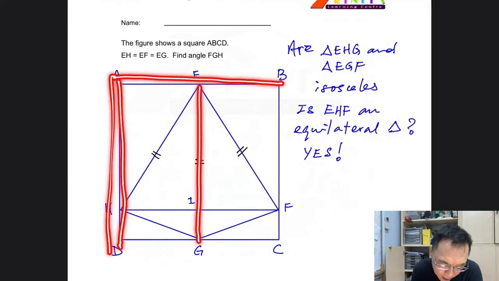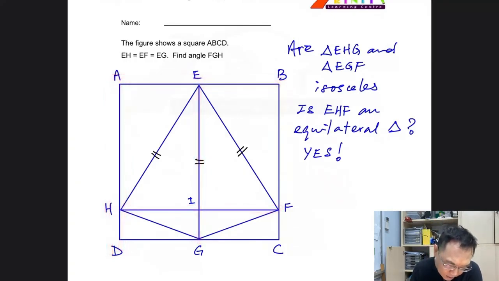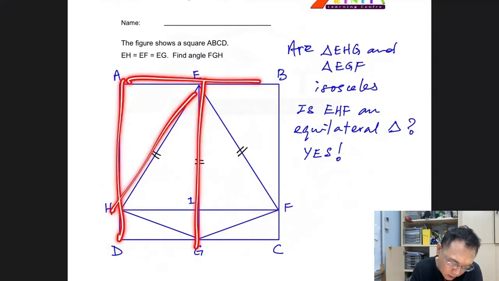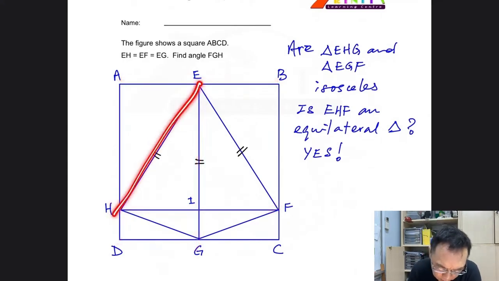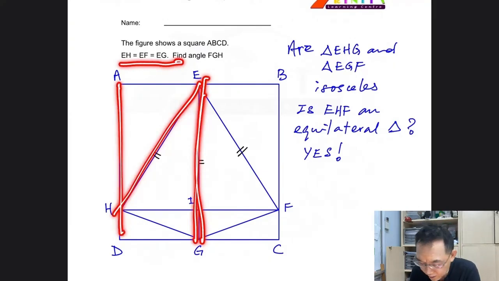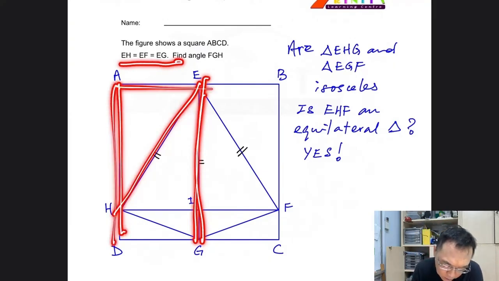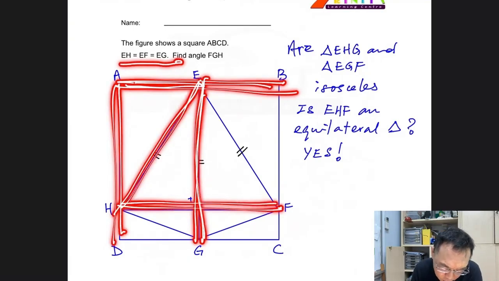And since this is also equal to this, because it's obviously the same length, then it follows that if this is equal to this, is equal to this, is equal to this, then all these lines that I just highlighted in red are equal. I say again, this is equal to this because it says so. This is equal to this because it is obviously the same, being inside the square. And this is equal to this because they are both sides of the square. And this line is equal to this. So that makes all the red lines that I've highlighted equal to each other.